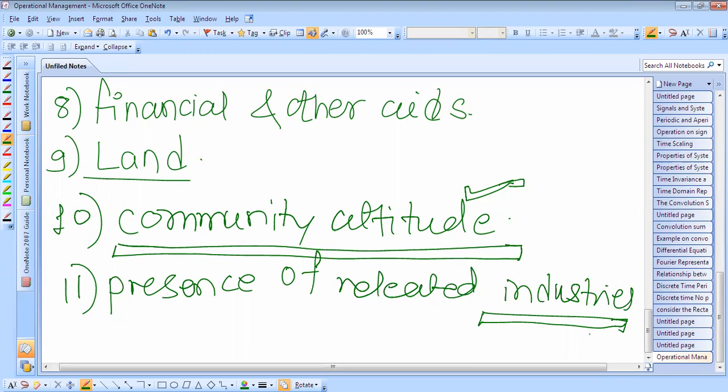Okay, so next is the existence of hospitals, that is also one of the factors.